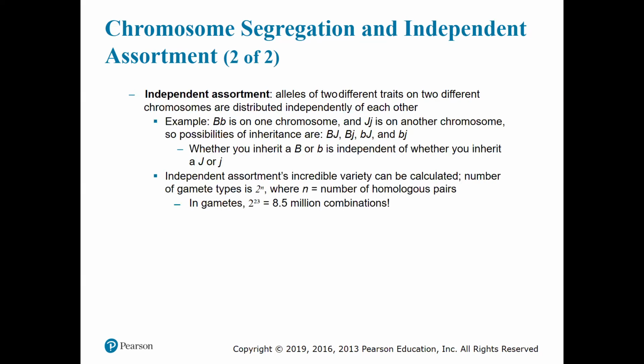Okay. Independent assortment of 2 different traits on 2 different chromosomes. This one we won't talk as much about. I said we're not really going to talk about traits that are inherited together, luckily for you, so there's not going to be any 8-trait crossover exciting Punnett squares. We really only talk about 1 trait singularly at a time. But in reality, multiple traits are inherited together as a package.